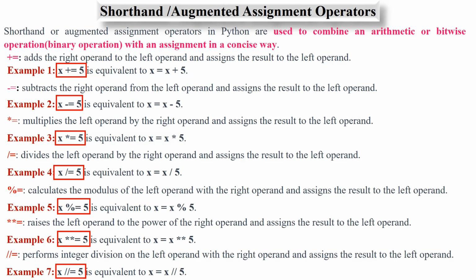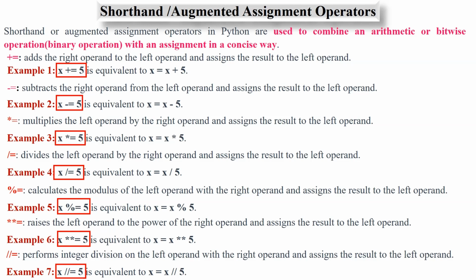Next one is asterisk equals, which multiplies the left operand by the right operand and assigns the result to the left operand. Example 3: x asterisk equals 5 is equivalent to x equals x asterisk 5. Next one is slash equals, which divides the left operand by the right operand and assigns the result to the left operand. Example 4: x slash equals 5 is equivalent to x equals x slash 5.